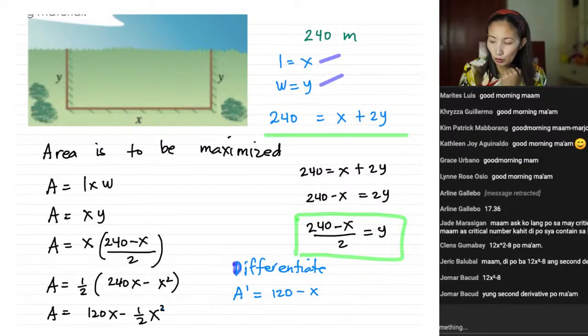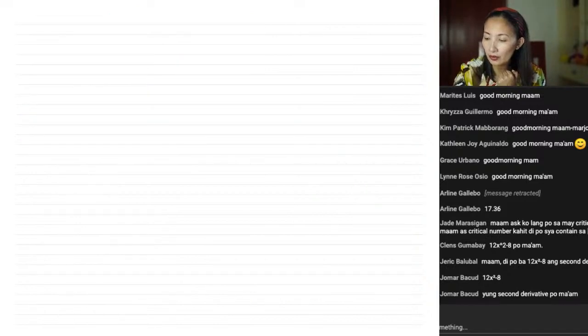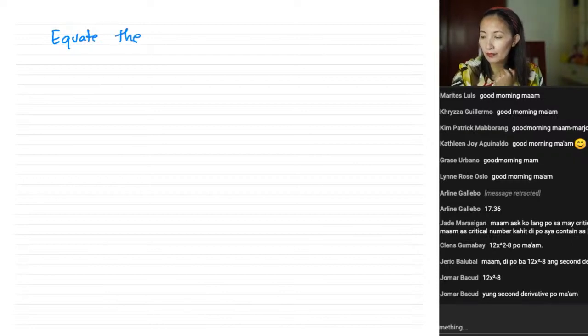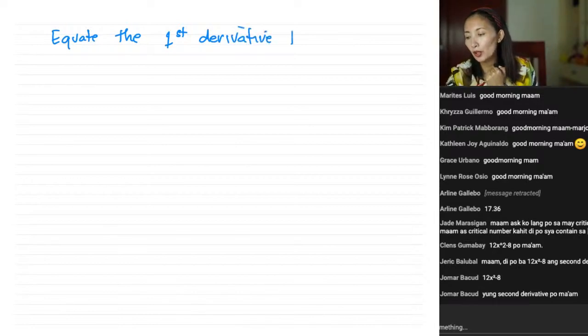So after differentiating, we equate the first derivative to 0 to find the critical number.